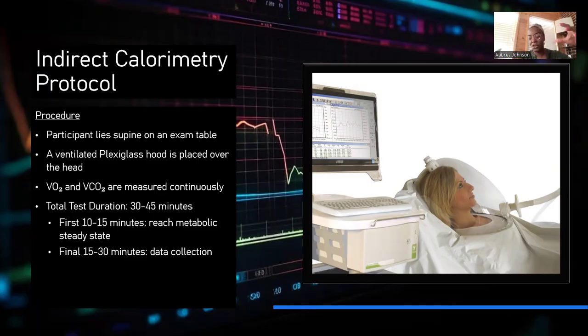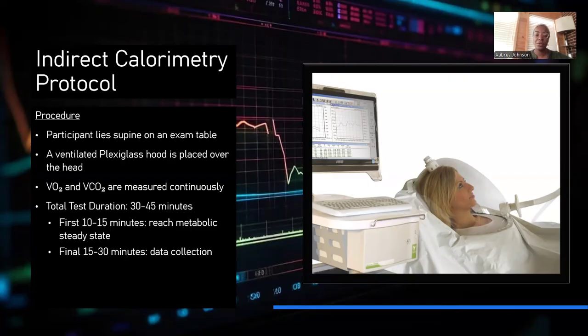There's a little bit of plastic that hangs over, so we push it under the shoulders and make sure no air escapes. Then the volume of oxygen consumed and the volume of CO2 produced are measured continuously. The total test duration, which is very difficult on a participant, is between 30 and 45 minutes, depending on the university-specific protocol.